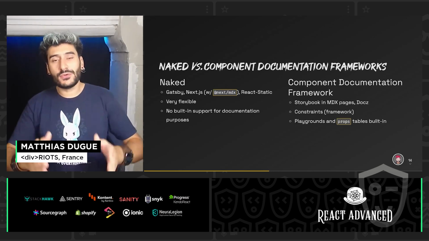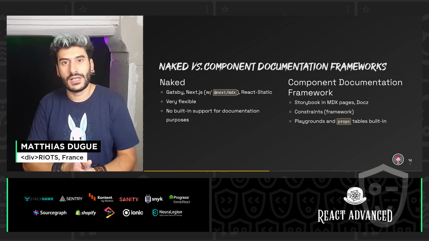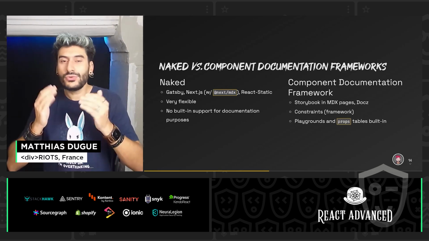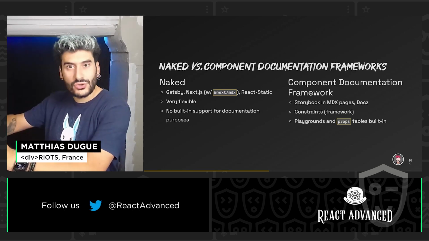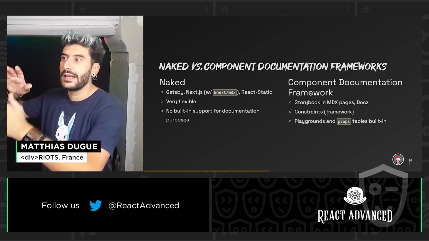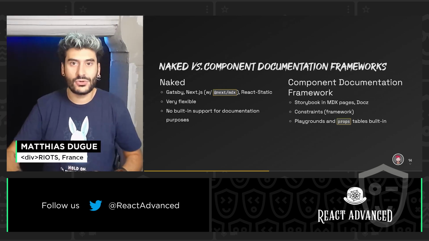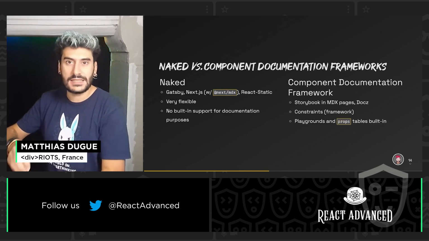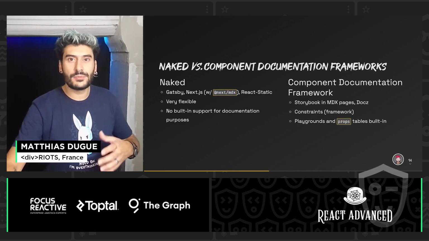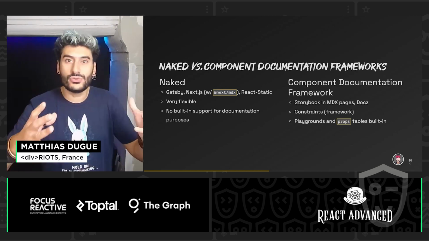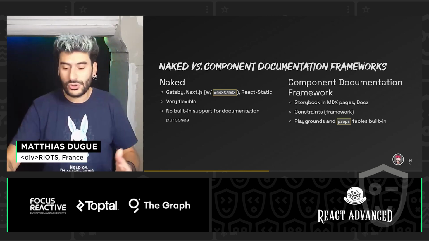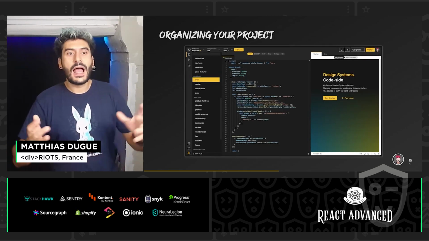So if you are looking for a documentation solution, I do encourage you to have a look at documentation-oriented tools like Storybook, Docusaurus, and so on, with MDX native support, because they give you everything you need to produce your proper documentation.